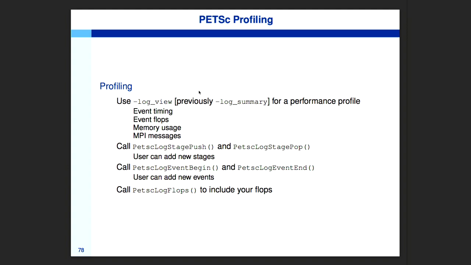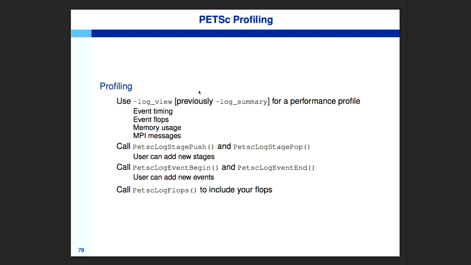PETSc also collects performance statistics of most of the components, and we provide a simple interface to access them. -log_view is an option which provides that. It gives you information about the timing of various routines, and the flops that might have been invoked in those routines.